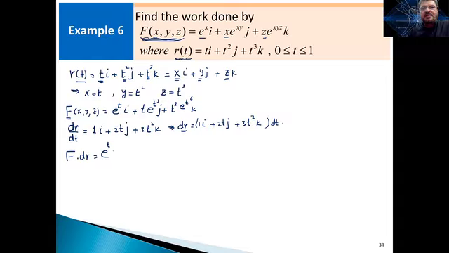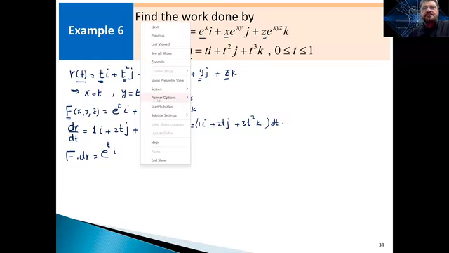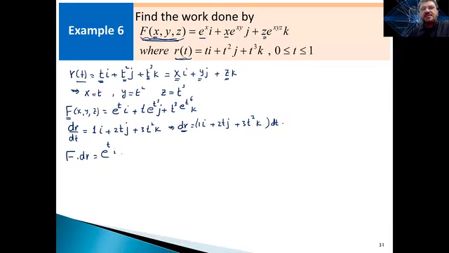E to the t i plus t e to the t cubed j plus t cubed e to the t to the 6 k. I will do this one, dot product with dr, which is 1i plus 2tj plus 3t squared k, and then dt.